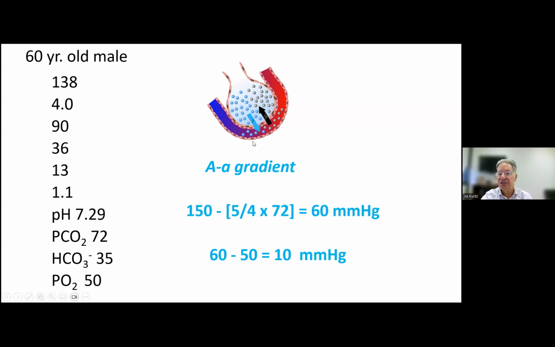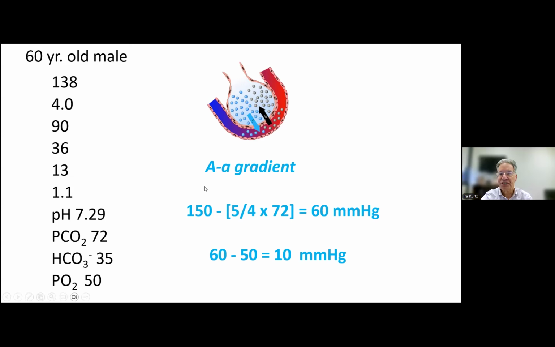We get an answer of 60. That means the PO2 in our patient's alveoli was 60. And if in our blood it's 50, that means the difference is 10 and we have a normal AA gradient. The patient's hypoxic not because there's a problem with transfer of oxygen into the blood from the alveoli, but because the alveoli themselves started off with a lower PO2 than normal.